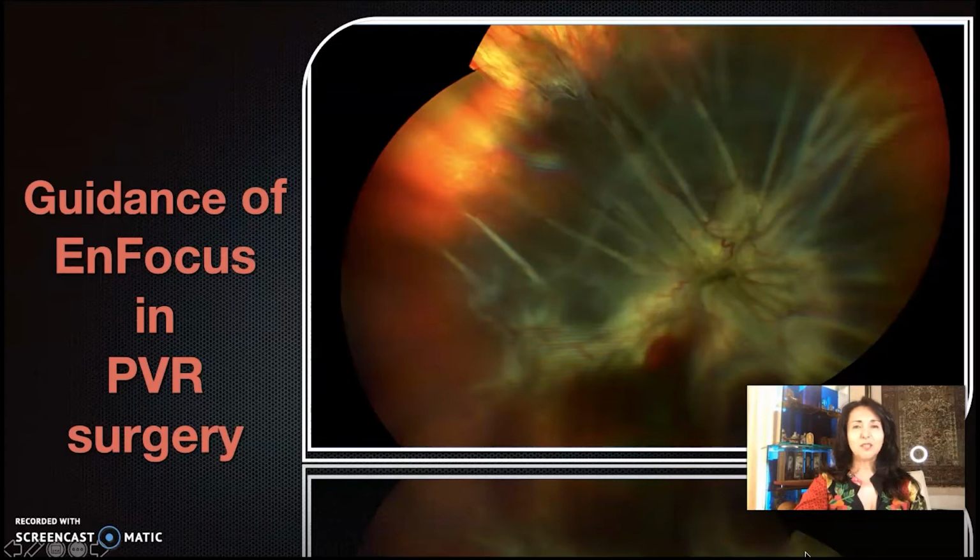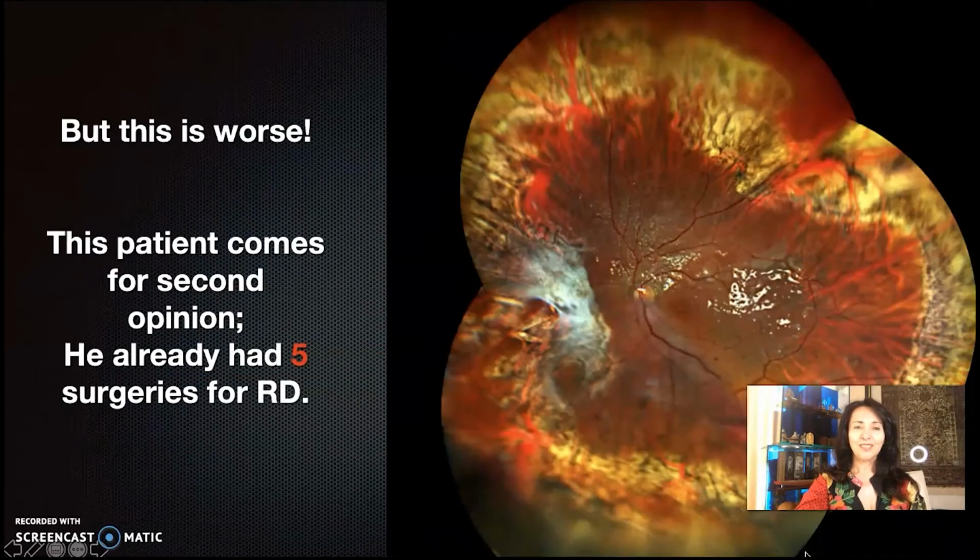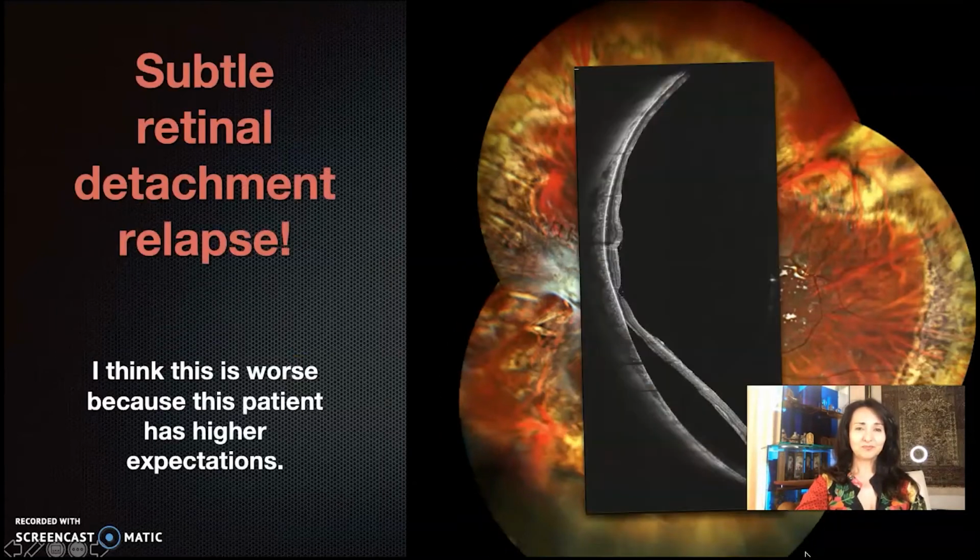Can the OCT be a guidance here too? So this is a very bad case of PVR, but I think that this is worse. This patient comes for a second opinion, but he already had 5 surgeries for retinal detachment.